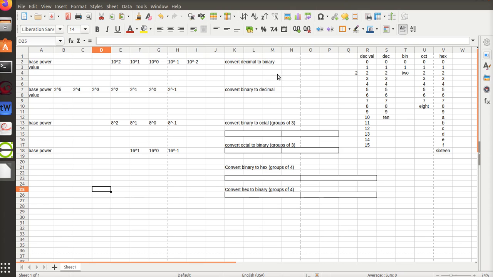For instance, in my ones column, 10 to the 0 is 1. In my ones column, I can have anywhere between 0 and 9. And that is true in my tens column, my hundreds column, my 0.1 column, and my 0.01 column.